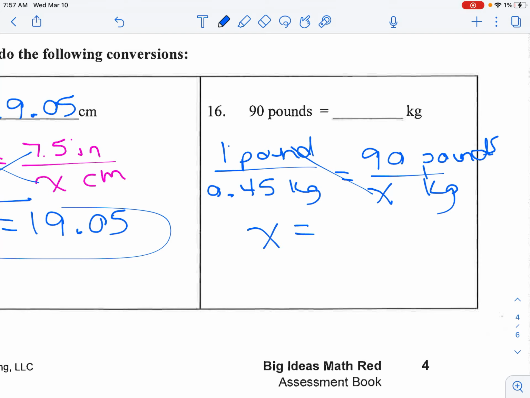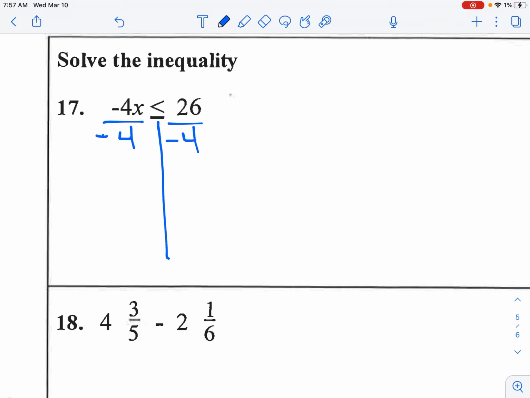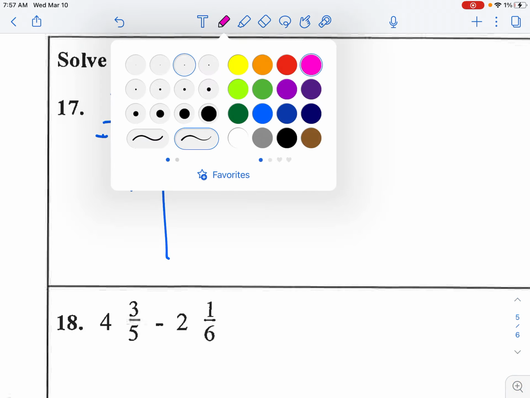All right, all we have left is our fair game review. Yay! Solve the inequality. Make sure you show me all steps on number 17. So check your page real carefully. Make sure you showed me all your work. Draw your mirror. Divide the left by -4. Divide the right by -4. Cancel. So this is not going to come out evenly. Now, I noticed that I just divided by a negative. Remember, when you divide by a negative, you have to flip your sign.